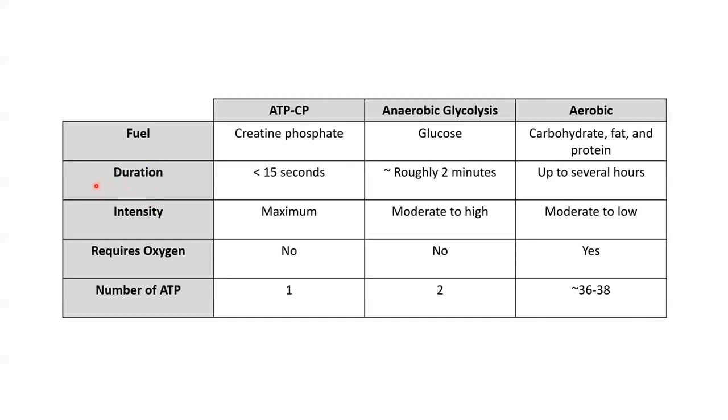I'd like you to tell me about the duration of energy that's provided by that energy system, the intensity of the exercise or activity for which each system can provide that energy, whether or not oxygen is required, and approximately how many molecules of ATP is produced.